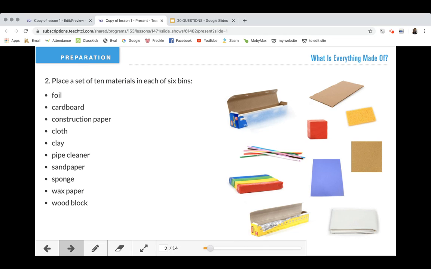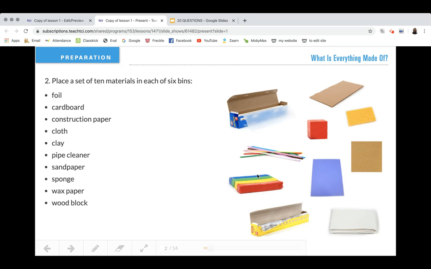On the next slide here, we see that we're going to be using some materials that you might actually have in your home. So if it's something that you want to go find, something that you want to ask your family if you can borrow, just so you have something in front of you that you can touch and feel also. So we have here at the top some wax paper. We have some pipe cleaners like we've used in the past in our classroom.